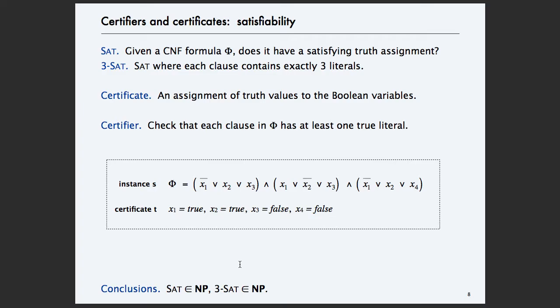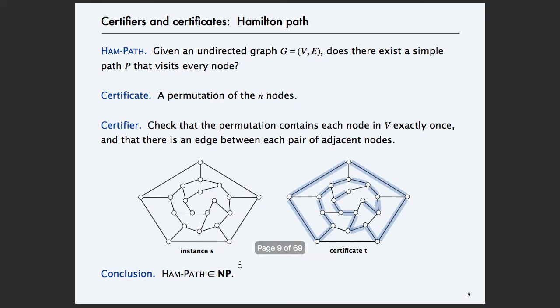So SAT and 3SAT are in NP. For the Hamiltonian path, the certificate may be a permutation of the n nodes. And I just need to check, first of all, that the permutation actually contains all the n nodes exactly once, and then there is an edge between each pair, right? So Hamiltonian path is in NP.